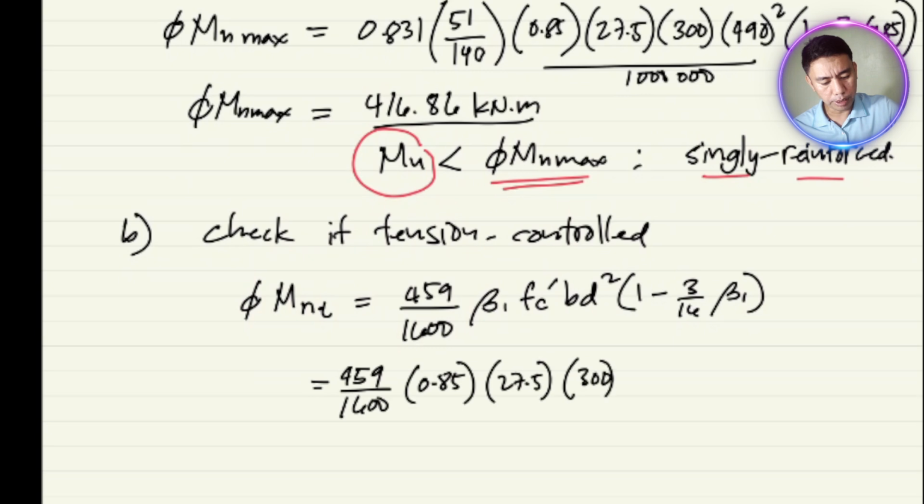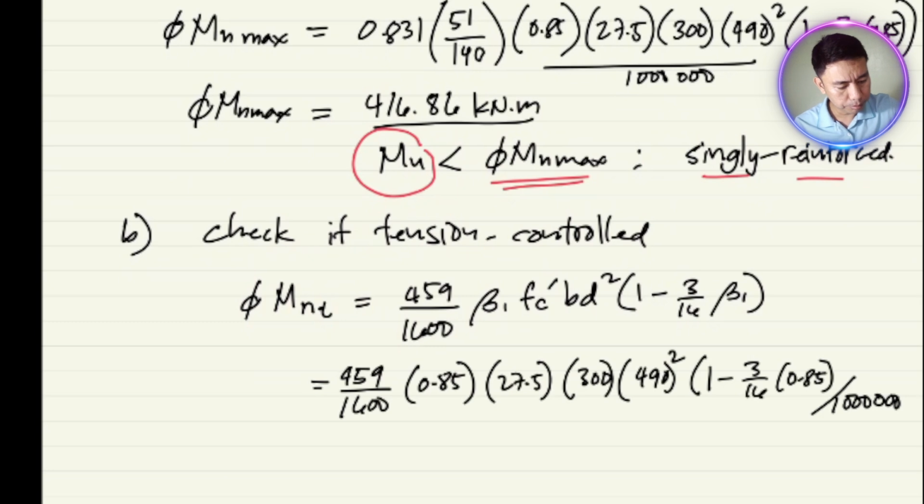B is 300. D is 490 squared. 1 minus 3 over 16 times 0.85. Then let's divide that by 1 million. Yeah, that's 1 million to convert to kilonewton meter.